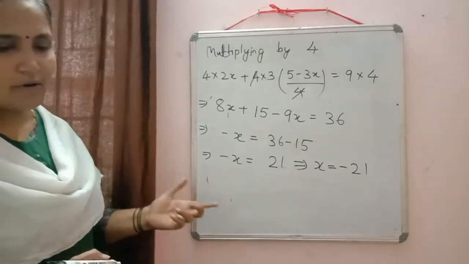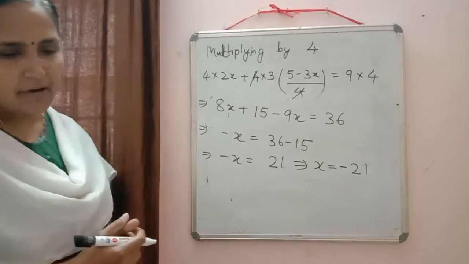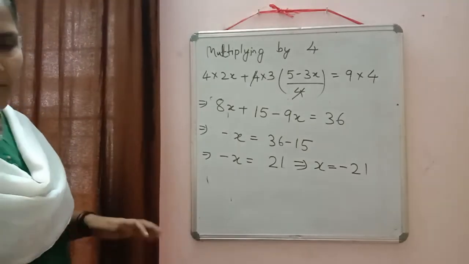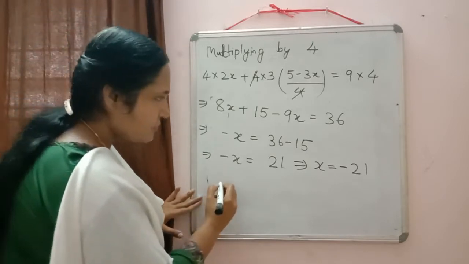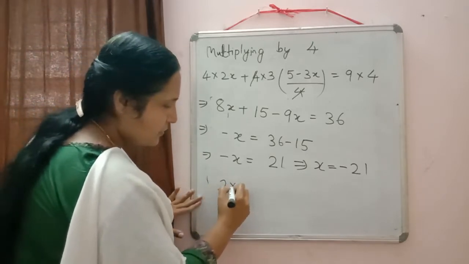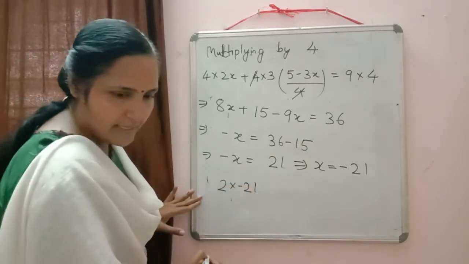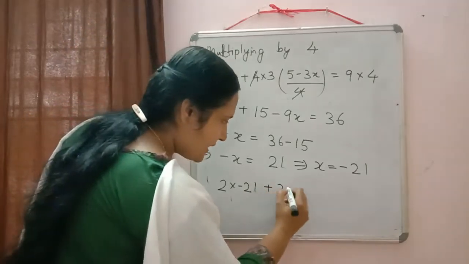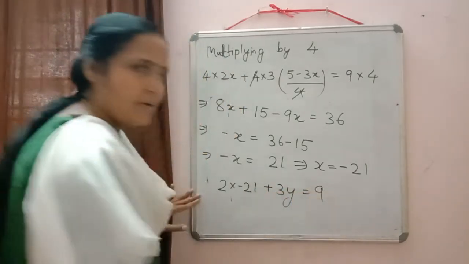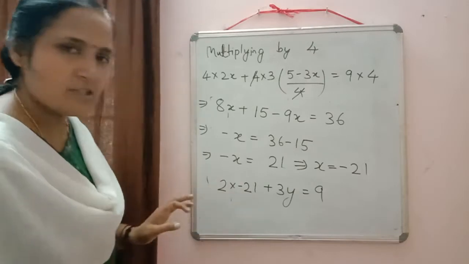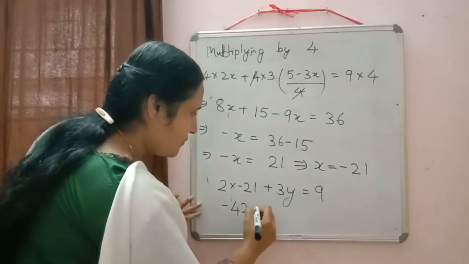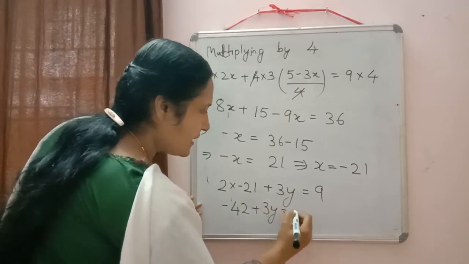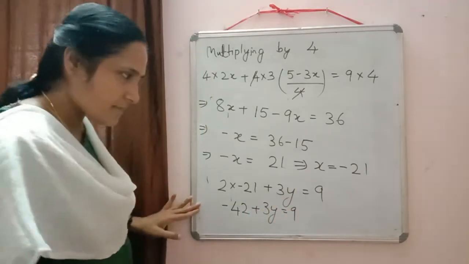Now to get the value of y, substitute in any one of the equations. So suppose I am substituting in equation 1. Equation 1 was 2x plus 3y. So 2 into minus 21 plus 3y is equal to 9. 2 into minus 21 will be equal to minus 42, plus 3y is equal to 9.